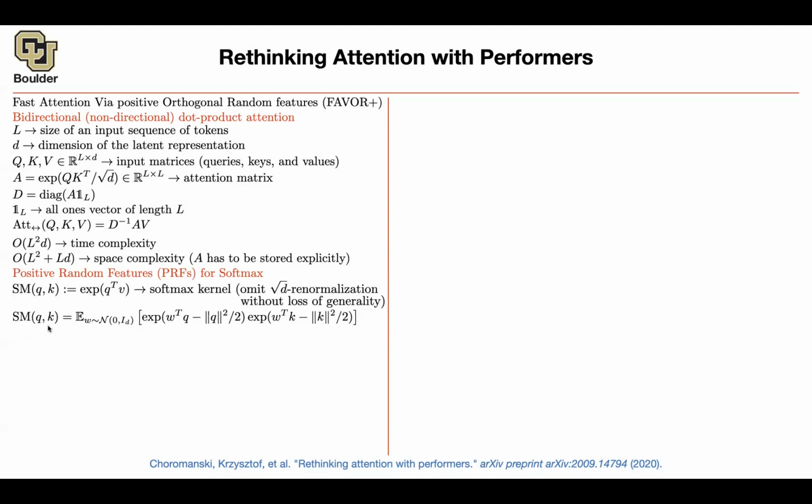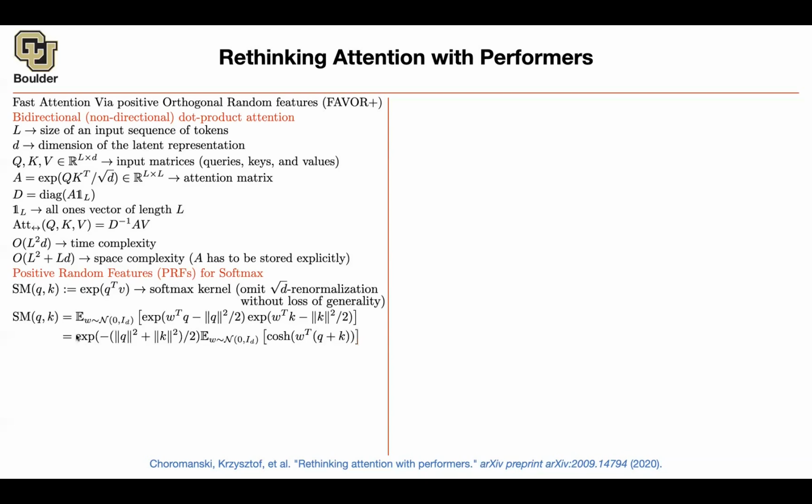This is actually exact if you keep sampling infinitely many w's and do your summation. But if you want to do Monte Carlo sampling, this is going to end up being an approximation. But what is cool here, you are seeing that there is a function here which depends on q only. There is another function here which depends on k. And we saw this idea before, we just saw it in the paper that we covered, Transformers are RNNs. This is decomposing a bivariate function into single variable functions.